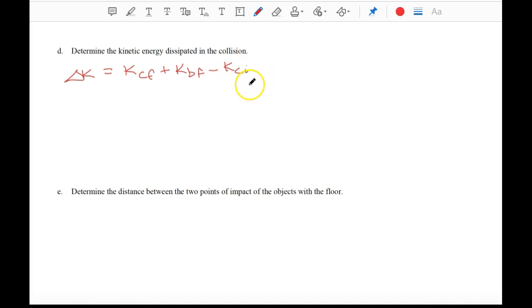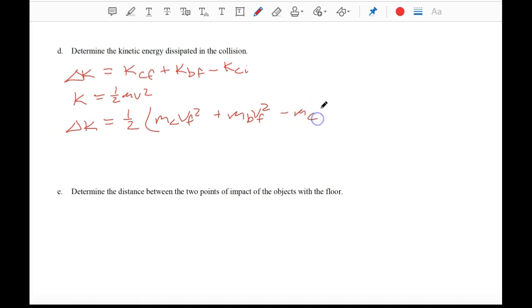So we'll put an i on that one. You know the expression for kinetic energy is 1/2 mv squared. And so here the change in the kinetic energy should be equal to 1/2 times the mass of the cube times the final velocity of the cube squared, plus the mass of the ball times the final velocity of the ball squared, minus the mass of the cube times the initial velocity of the cube squared. And now we can plug everything in.